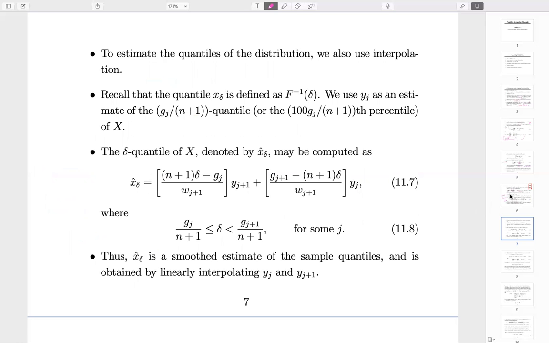So we use yj as the estimate for this level of quantile. This may cause a little debate or confusion because we actually divide by n plus 1, not n.